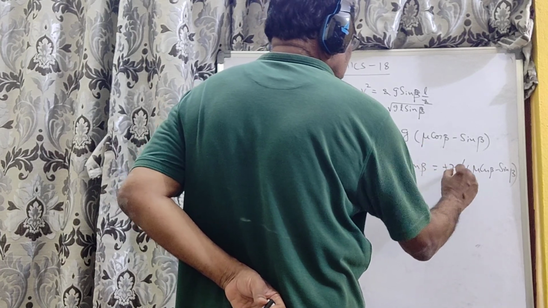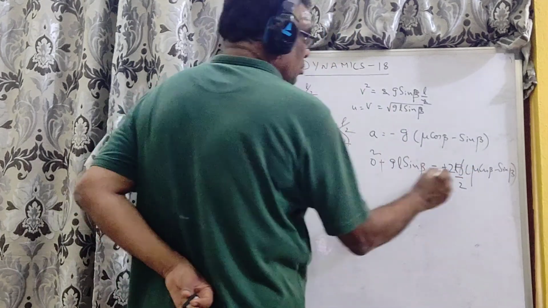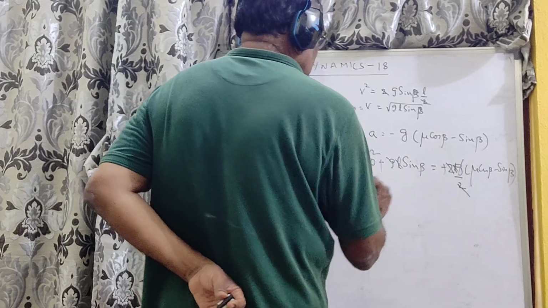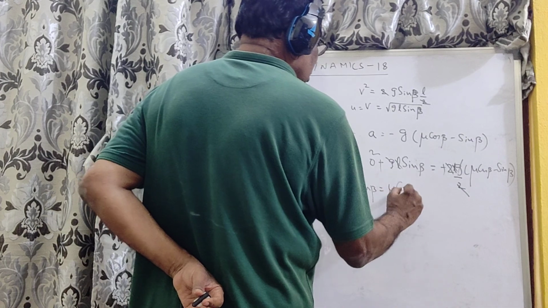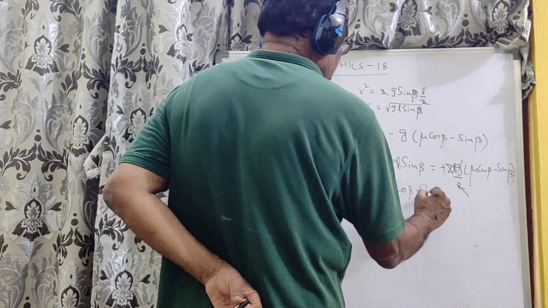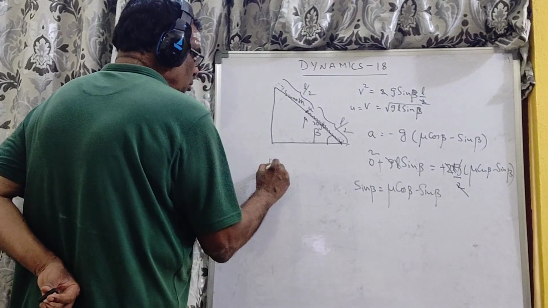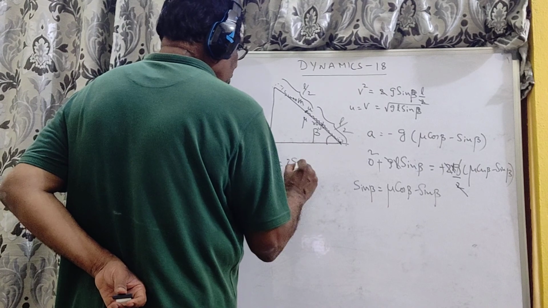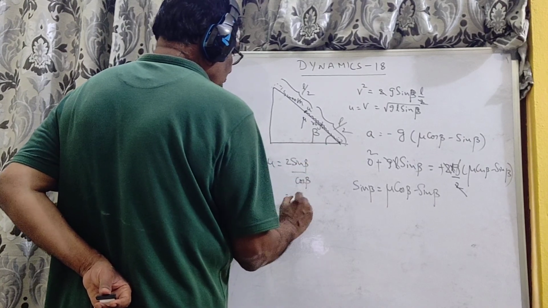As means L by 2, because this is L by 2, 2 gets cancelled, LG gets cancelled. Then what are you getting? Sin beta is, or mu is equal to 2 sin beta by cos beta.